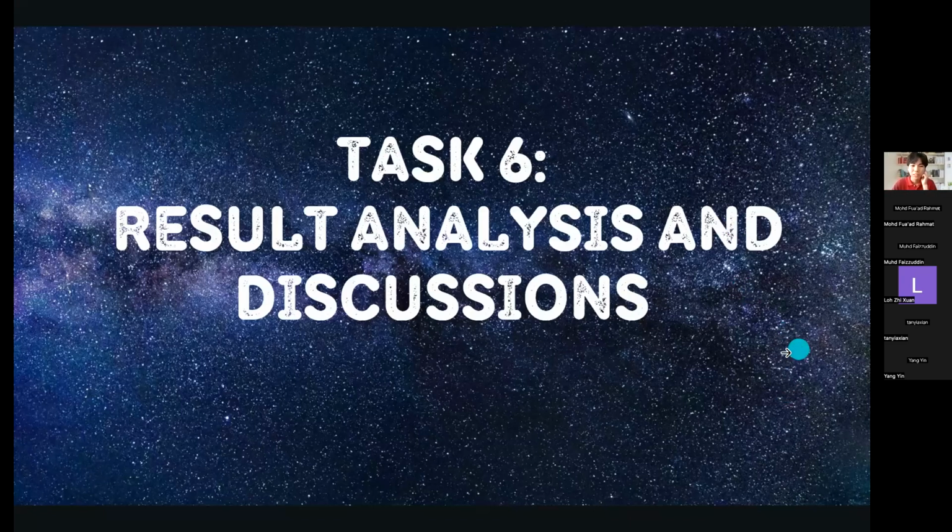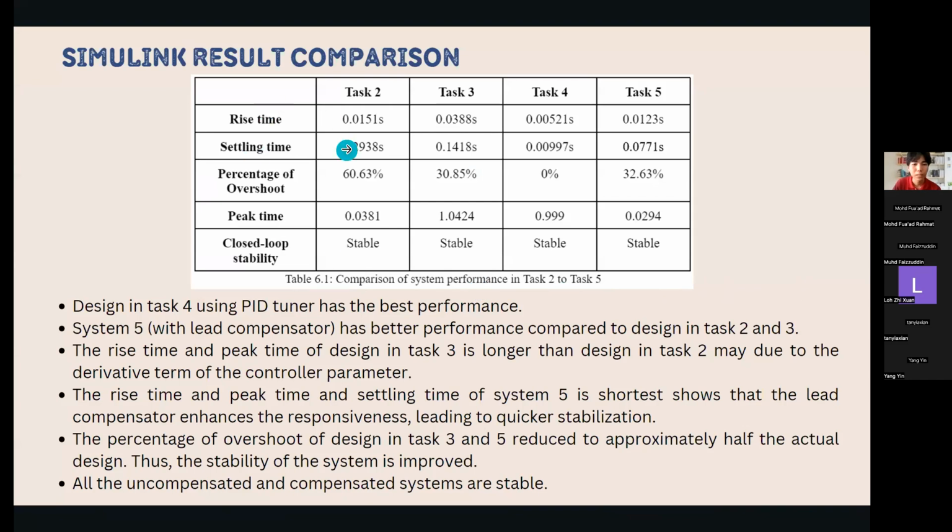I will continue with task 6, the result analysis and discussion. From this table, we compare the first design, which is the best design, the second design with the PID controller, and the last design with the lead compensator.